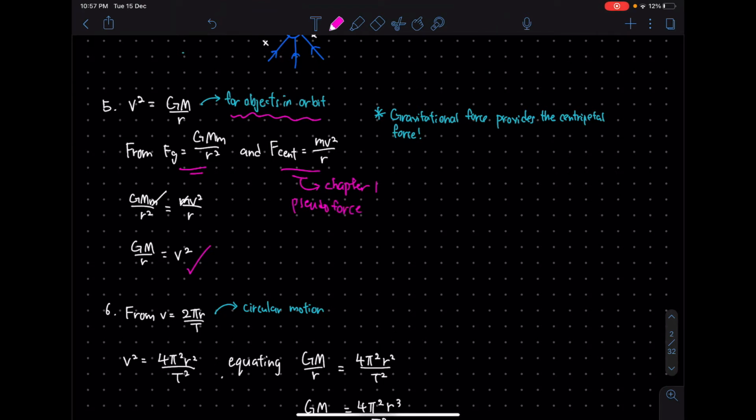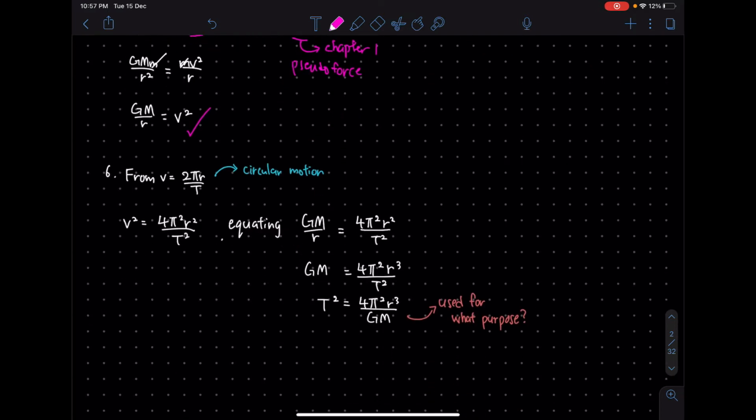It's a force that's provided by another force, in this case, the gravitational force. So since the centripetal force is provided by the gravitational force, we are able to equate them and derive this equation, which allows us to measure the velocity of the object and more. Alright, and now we'll go through the last equation.